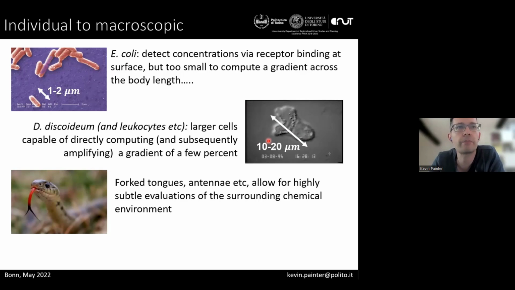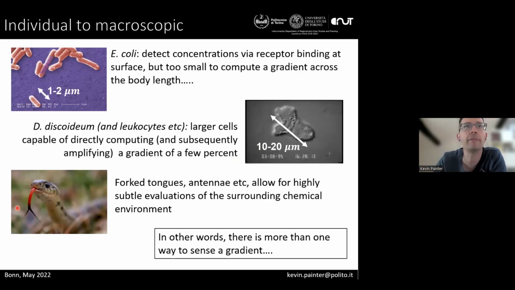Take certain species, such as snakes, which have evolved very forked tongues. Those forked tongues are incredibly important for their sensory capacity: the separation of the tongue, with receptors at the end of each tip, allows them to effectively compute local gradients in substances they're detecting in the environment. So at an individual scale, we have lots of different ways of responding to the environment. In other words, there's more than one way to sense a concentration or sense a gradient.